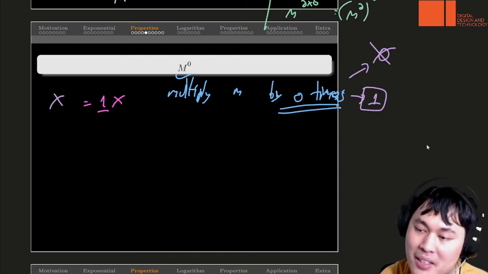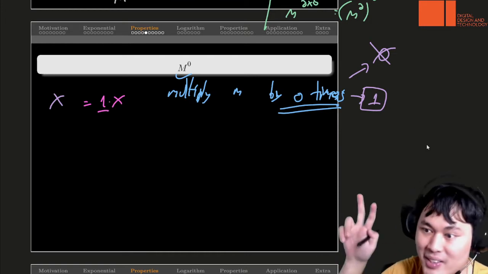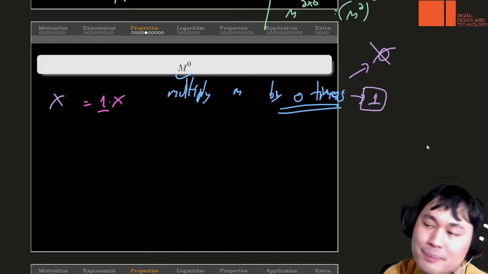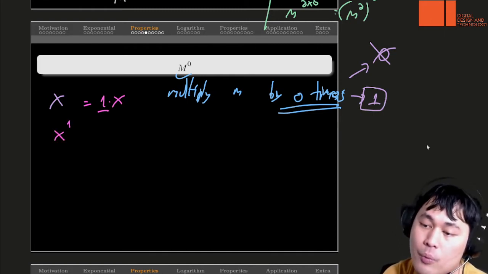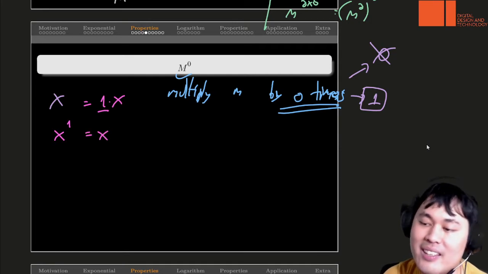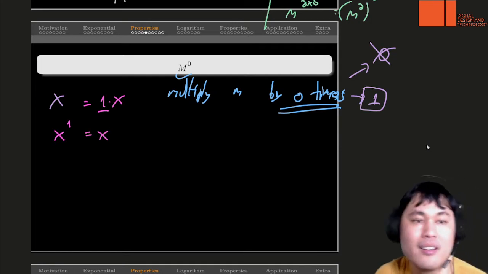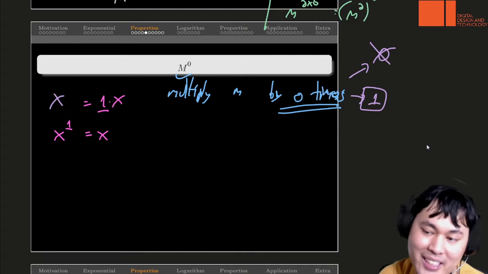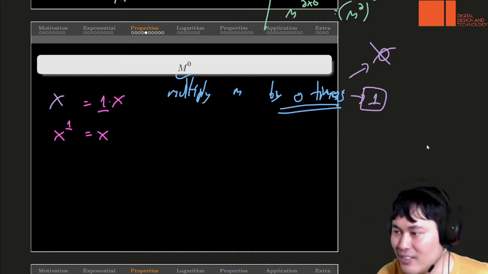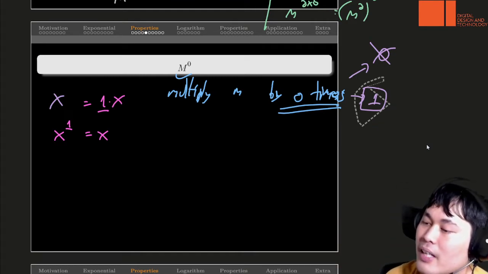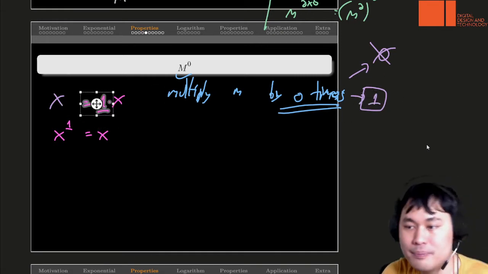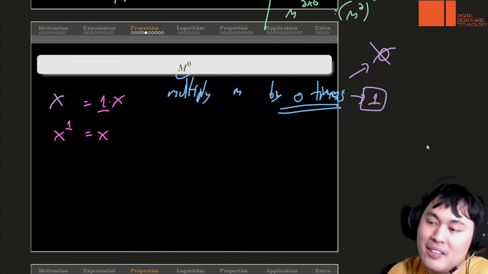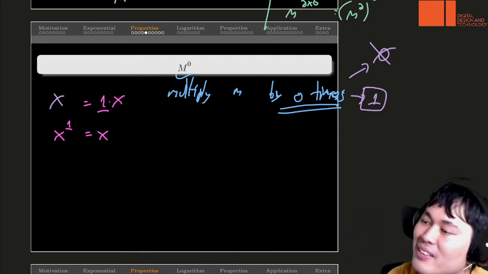So in terms of multiplication, nothing is the number 1. And also if you raise x to the power of 0, again it means you raise it by nothing. And so if you multiply nothing, you should get 1, not 0. That is the philosophical way I try to explain it.